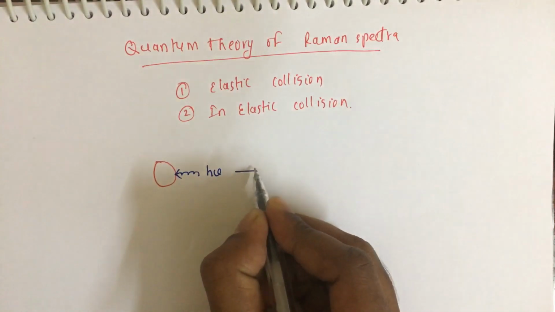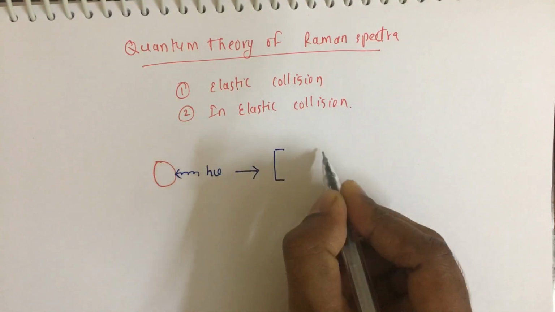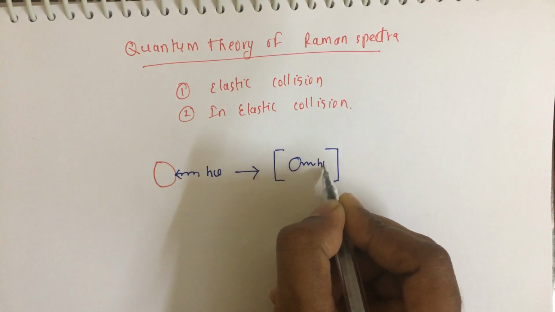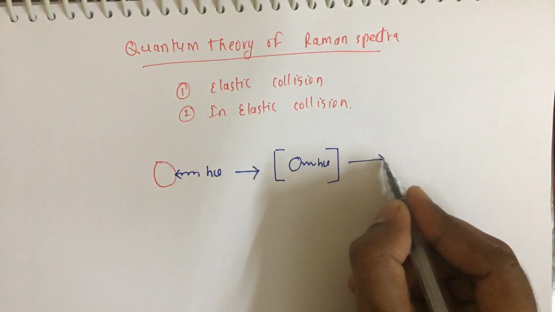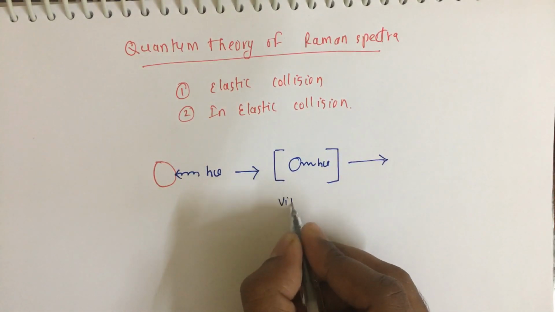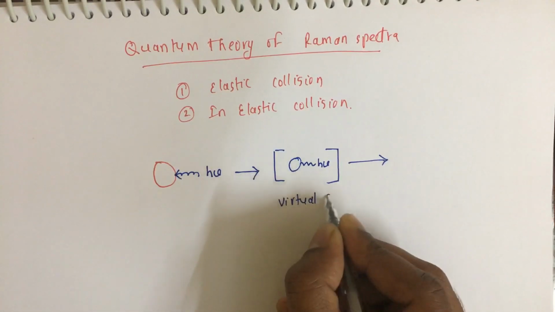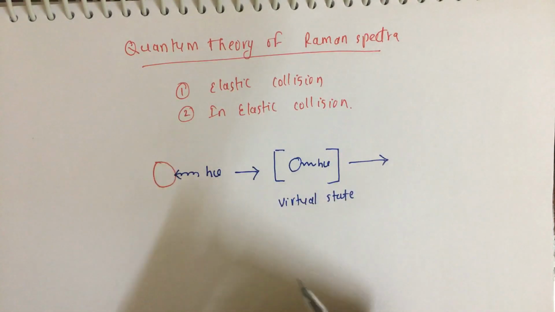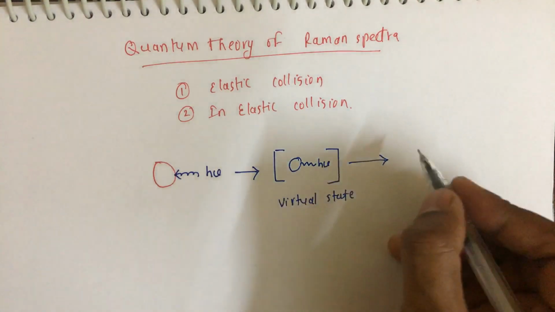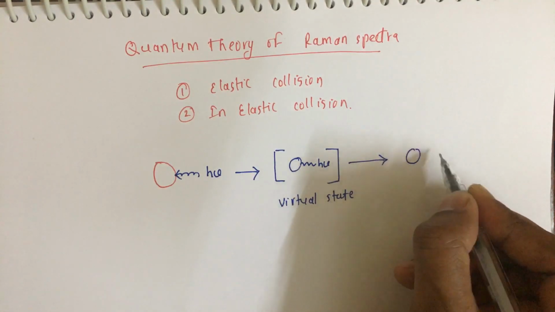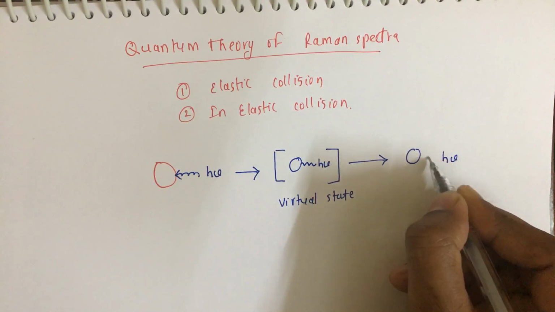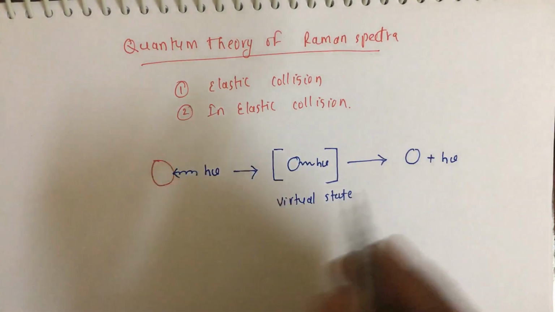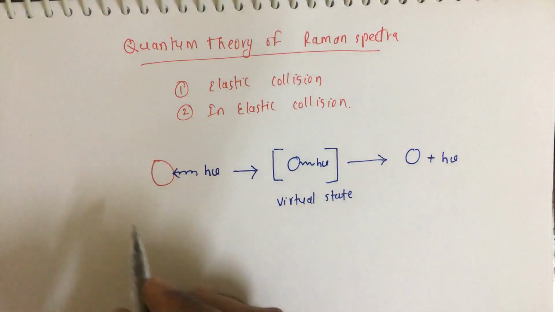After hitting, there is one state which forms here. We can represent that like this. This state is called the virtual state. It has a very small lifetime, and after that they get separated again.